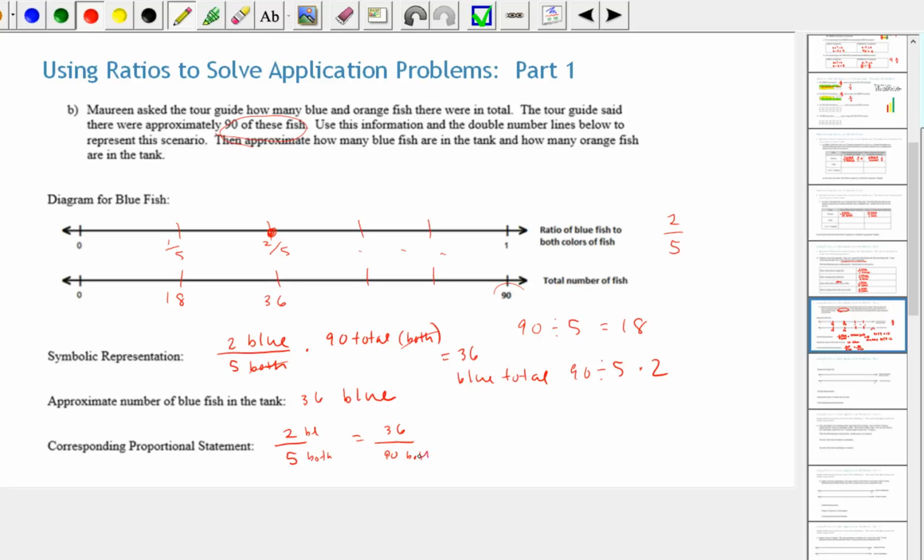So this is both, and this is blue, and these are the total in the tank. And it's nice to set this up also without the units so they could see the quantities, and have them see equivalent fractions. You can connect this idea. 5 times 18 is 90, 2 times 18 is 36.